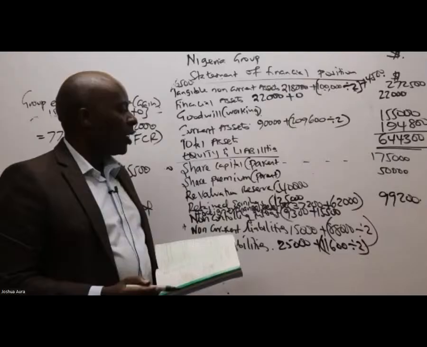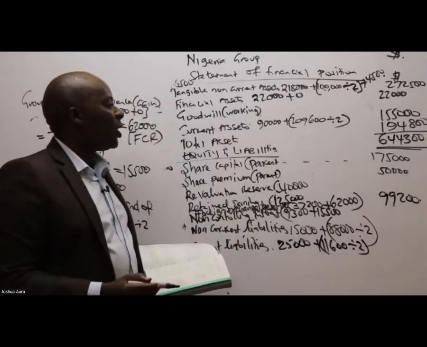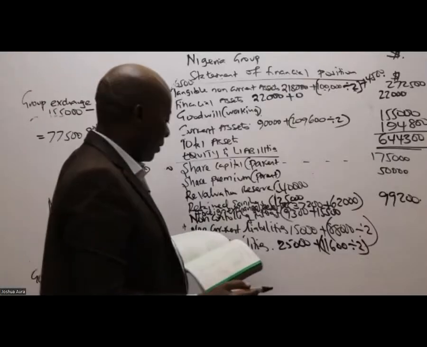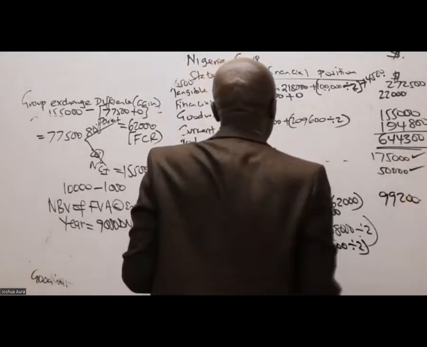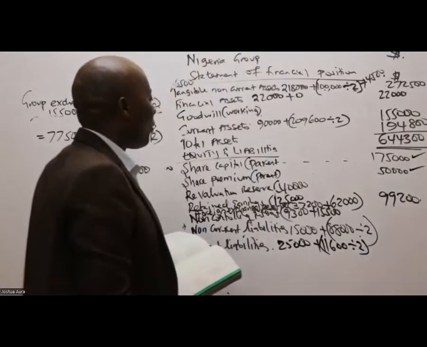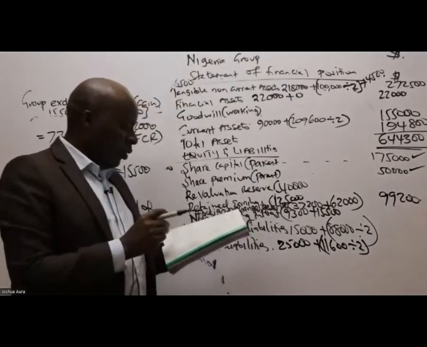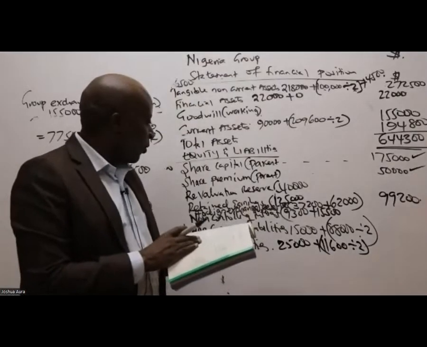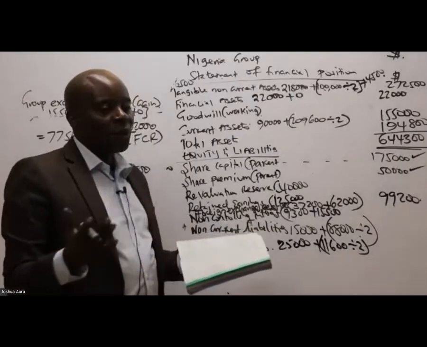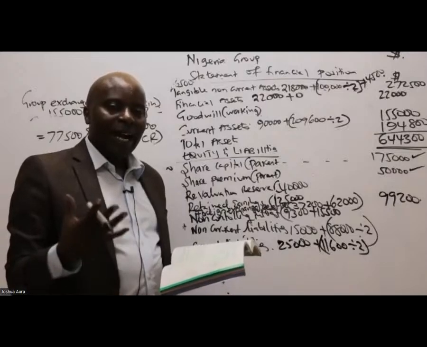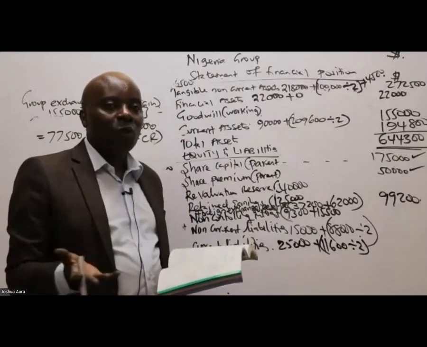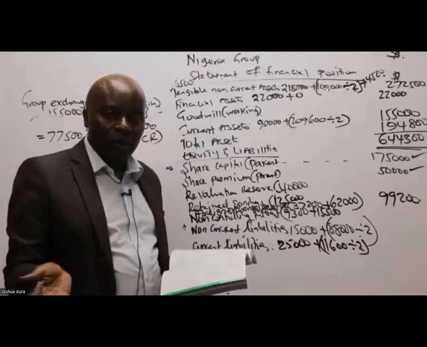Now from there, the share capital is exactly right. The share premium is also exactly right. Now there is this revaluation reserve. Under the revaluation reserve, if you look carefully, there was no disturbance. The assets of the parent were not revalued at all.